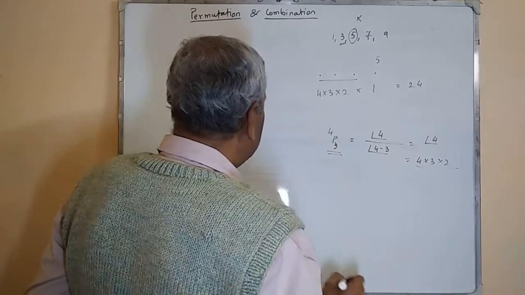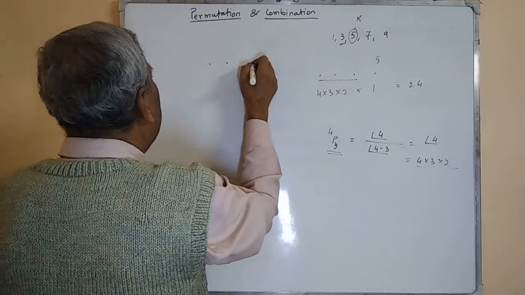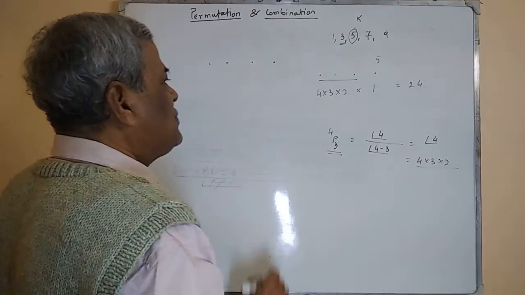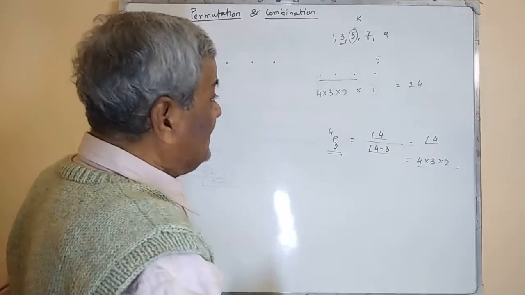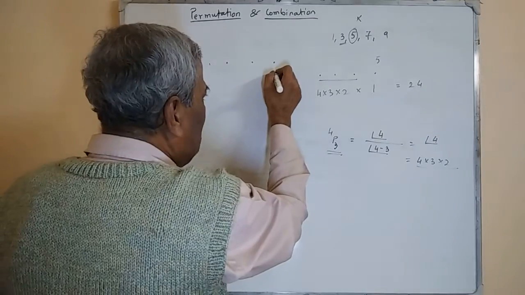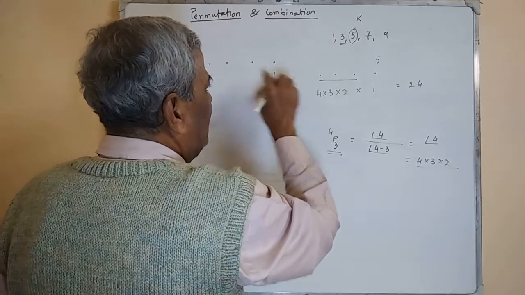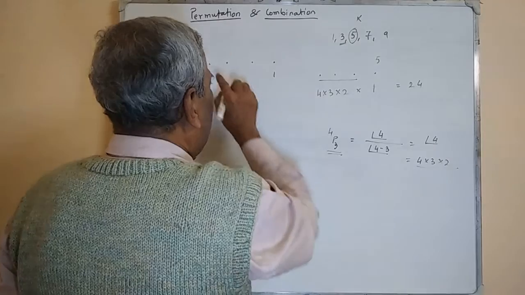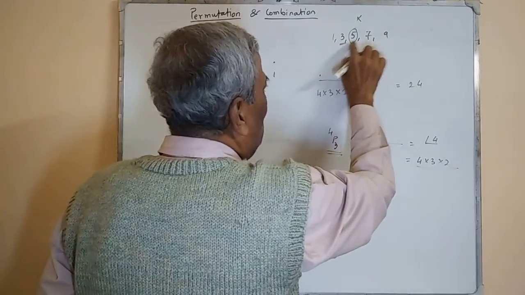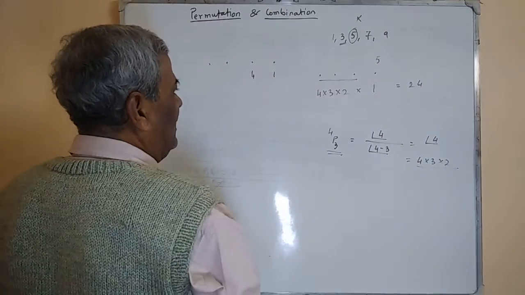If you do not use this formula, it can be done like this. We have to fill up 4 positions. One is restricted, and that is to be filled up by 5 only. So this position can be filled up in one way. 5 is already engaged there. Now for this position, I can use 1 or 3 or 7 or 9. That is, this one can be filled up in 4 ways.